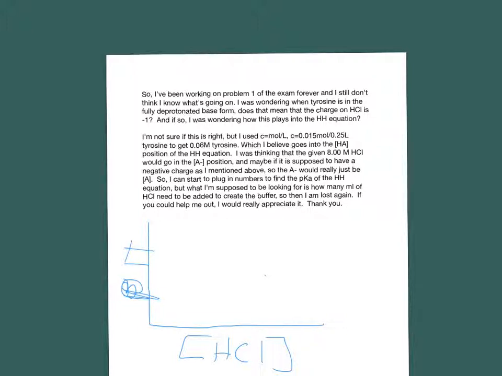It means that your amino group is NH2, the side chain is O minus, and the alpha carboxyl group is deprotonated as well, so it's COO minus. So you have those three groups. The side chain has the highest pKa, then the alpha amino group, then your carboxyl group.